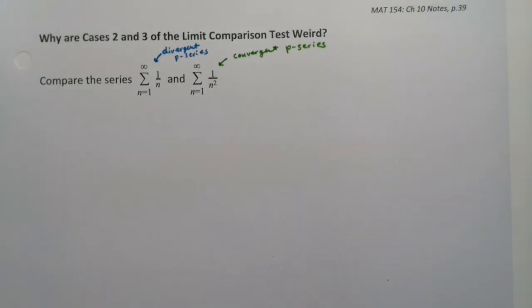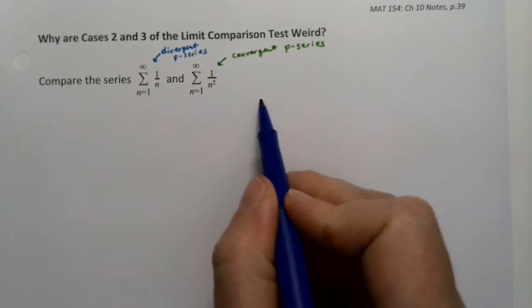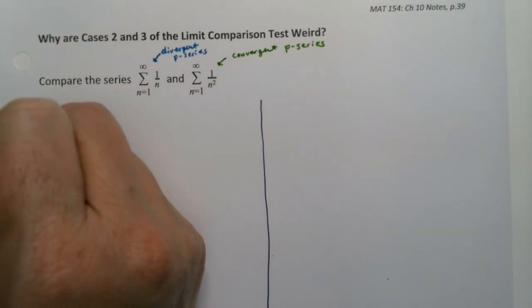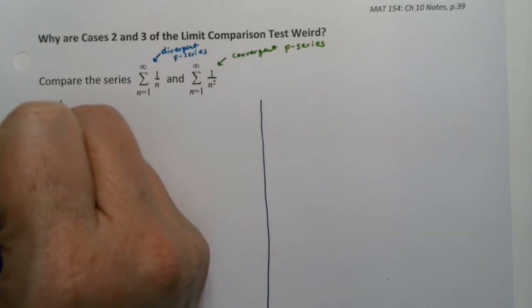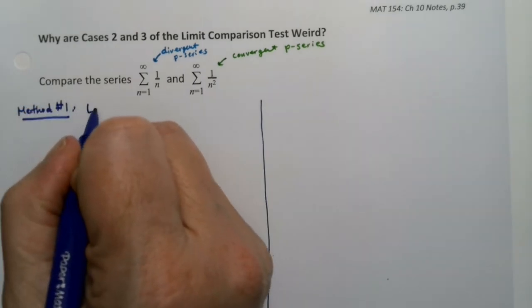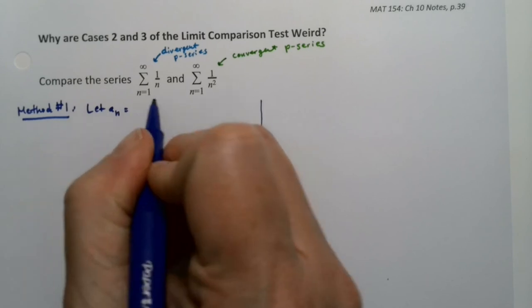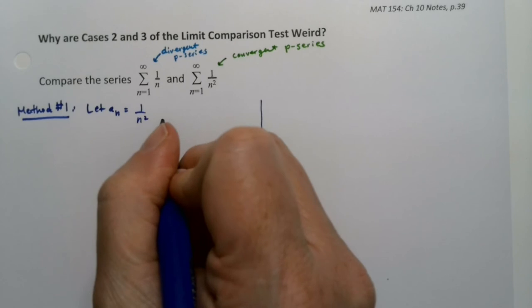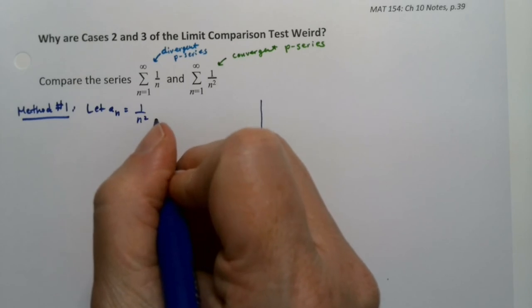All right, so let's suppose, and actually I'm going to divide the page up a bit. So method number 1, I'm going to let a sub n be 1 over n squared, and b sub n, I guess it doesn't really matter.